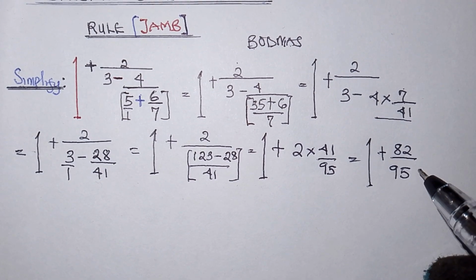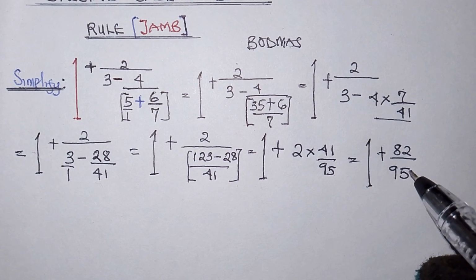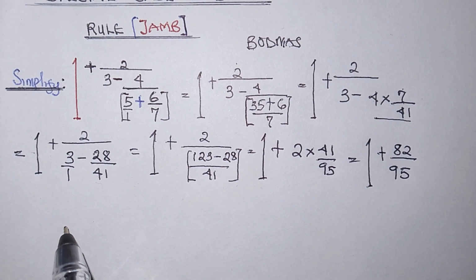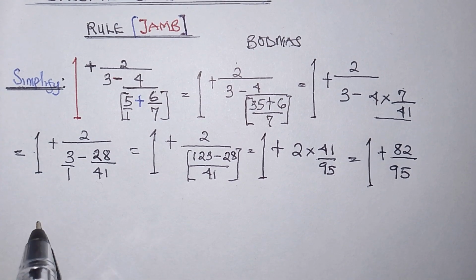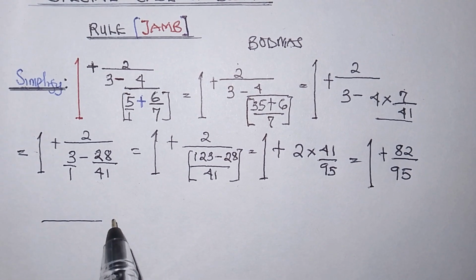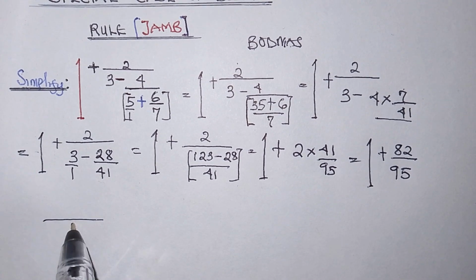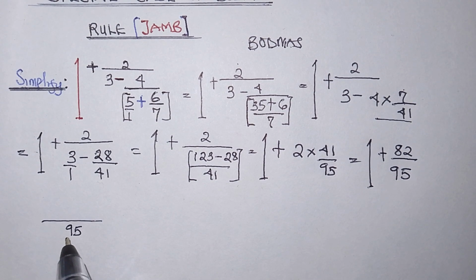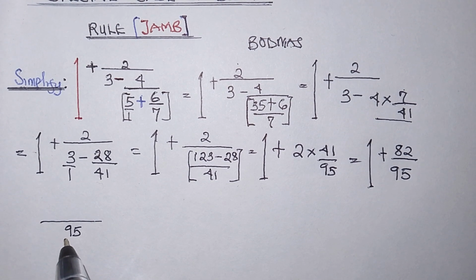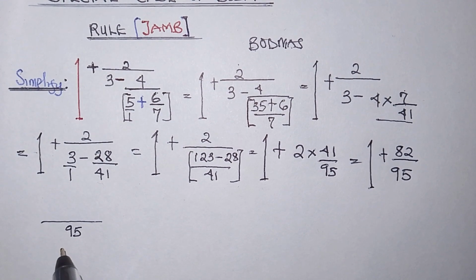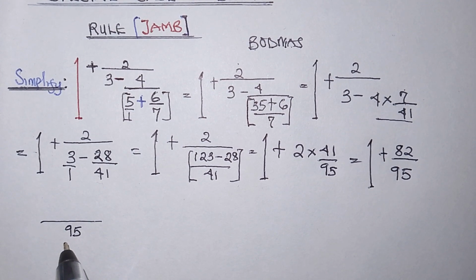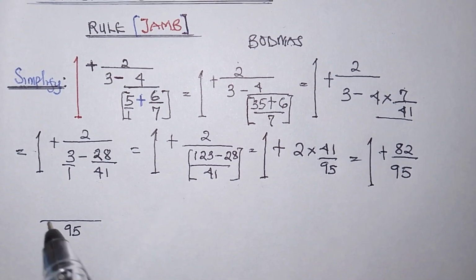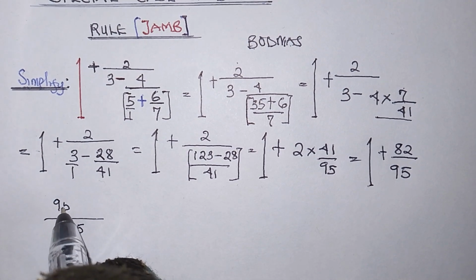So since we have obtained this, we now need to continue by collecting the LCM. If we take the LCM there, we are going to have 95 as the LCM, and we know that a whole number has a denominator which is 1. So if 1 goes into the 95 here, it is 95 times, we multiply the 95 by the 1, we are going to have 95.